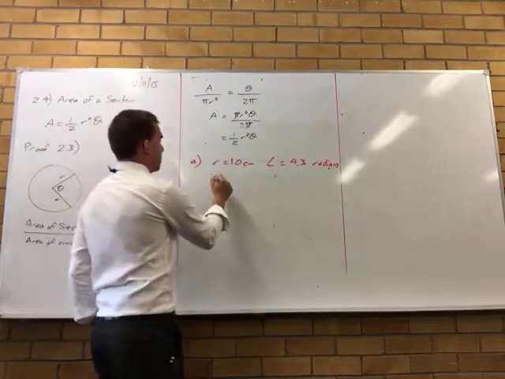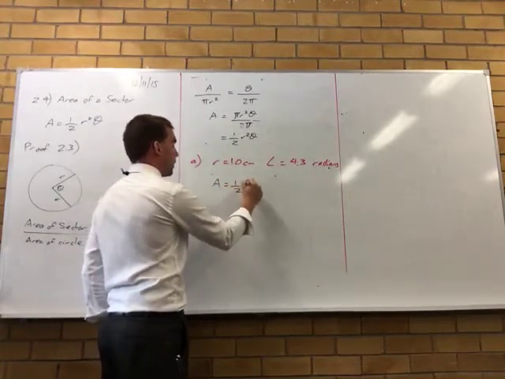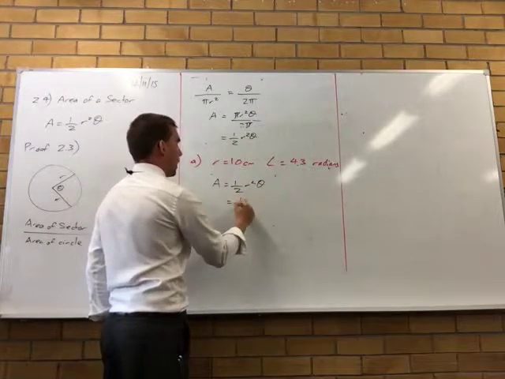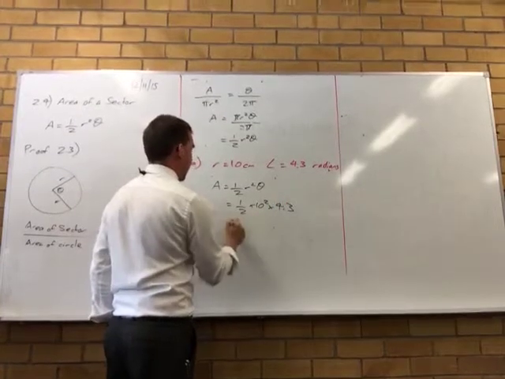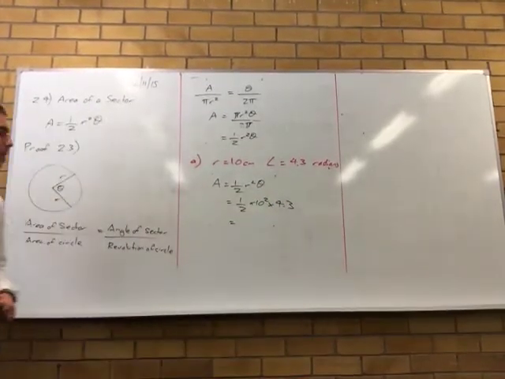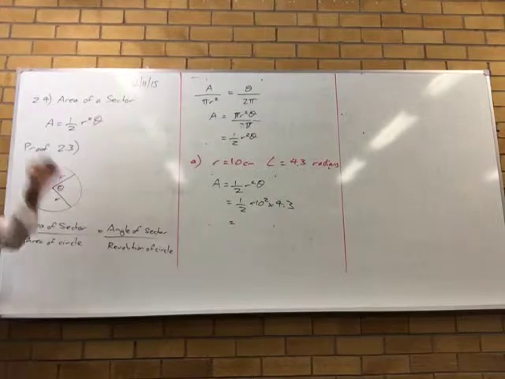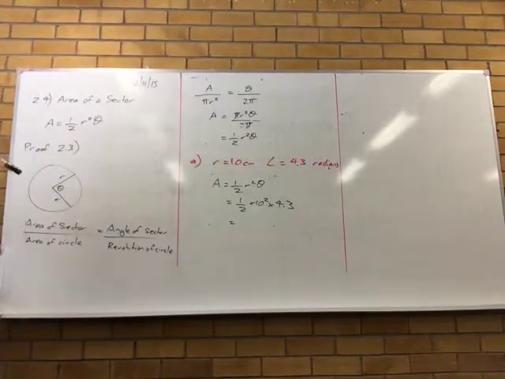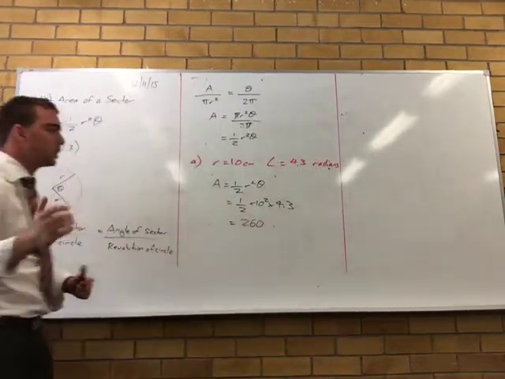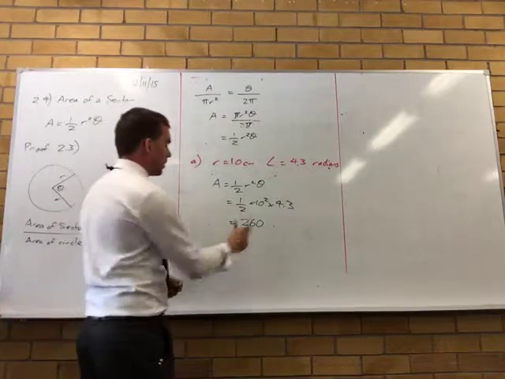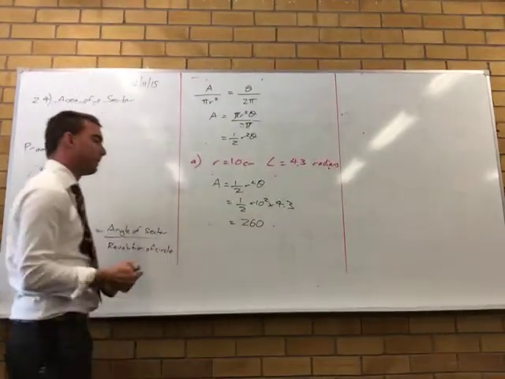So just a straight application of the formula. Half times 10 squared times 4.3. So 50 times 4.3. 50 times 4 is 200, and then 0.3 of 50 is another 15.